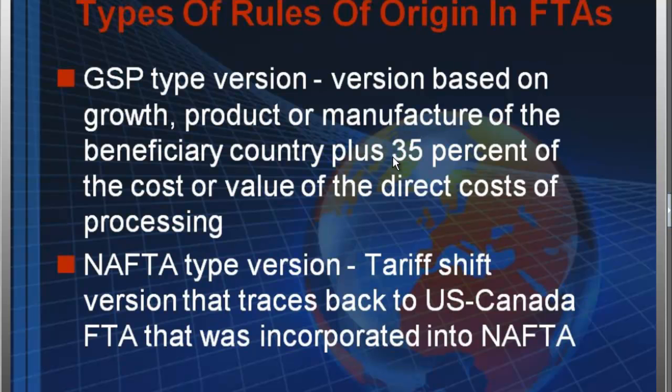That was the first place that the tariff shifts were utilized. Then there actually are some hybrids that have both types, both a GSP type for certain products and also a tariff shift. Morocco is one that comes to mind.